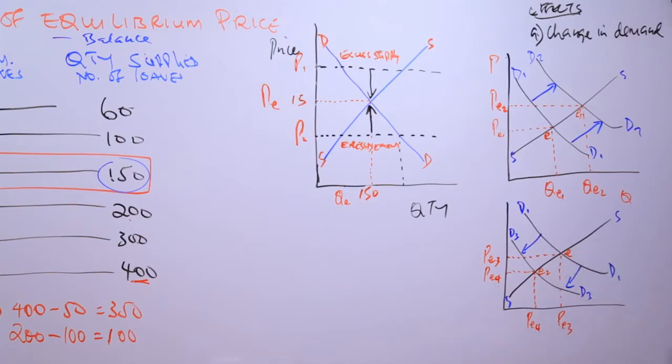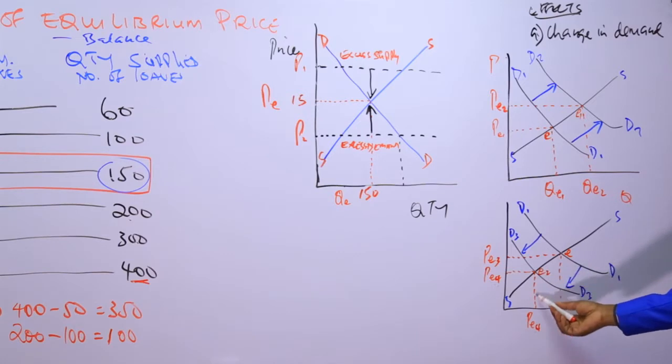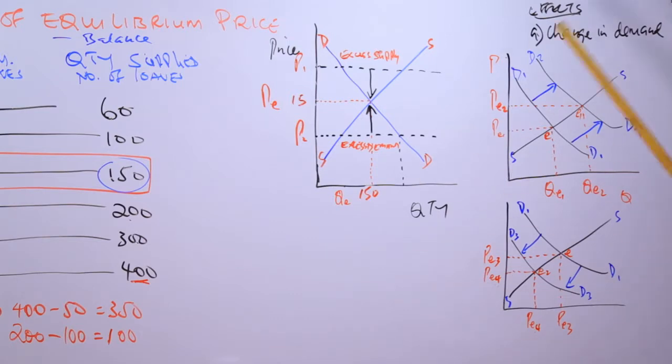This is E2. Okay, this is a new equilibrium point, and there is a new equilibrium price of PE4. That is the effect of change in demand.